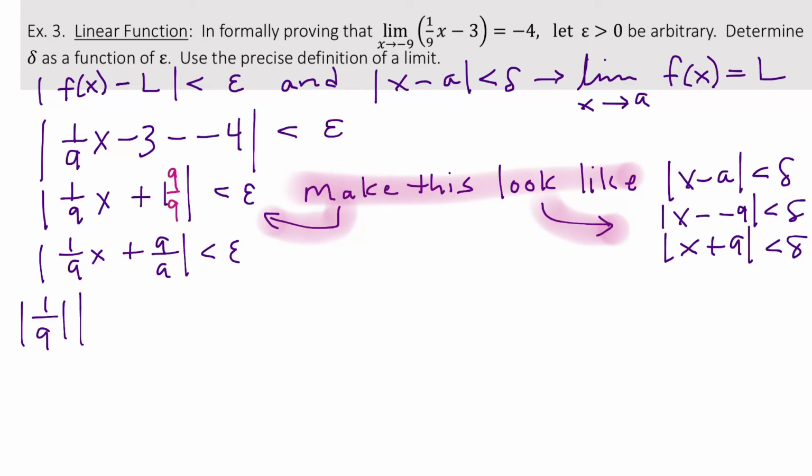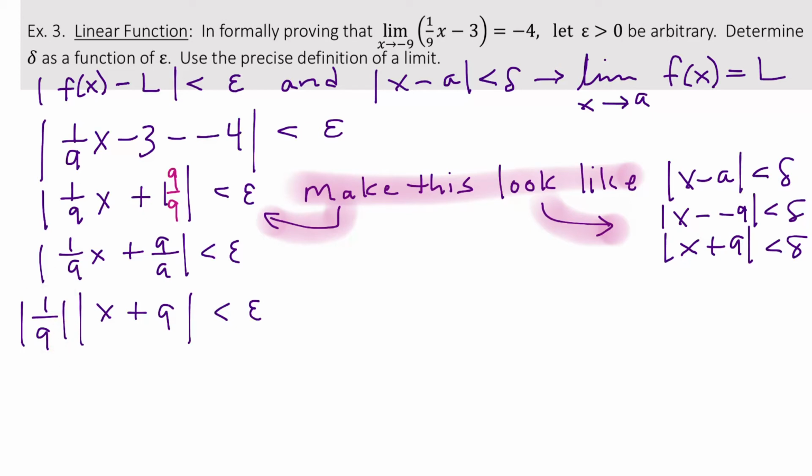So 1x is left in there, and then 9 would be left there. Let's check it. 1/9 times x, yes. 1/9 times 9, yes. So I factored out the absolute value of 1/9, and I put bars around it because I'm dealing with absolute values. This is going to have to be positive.